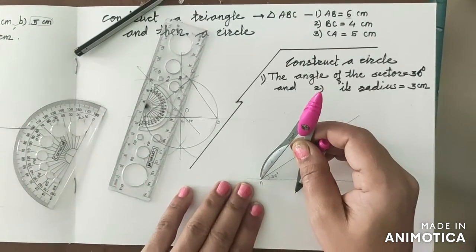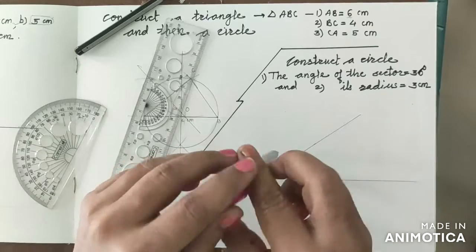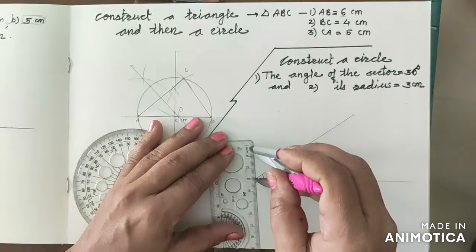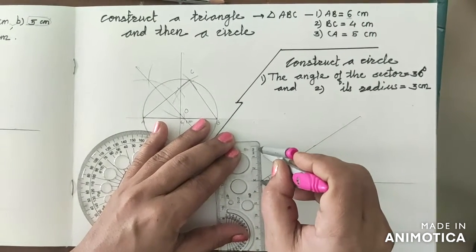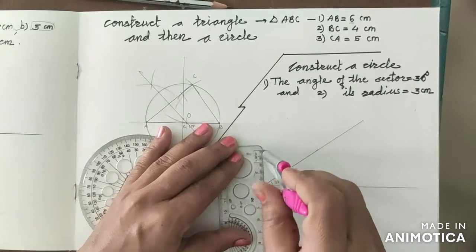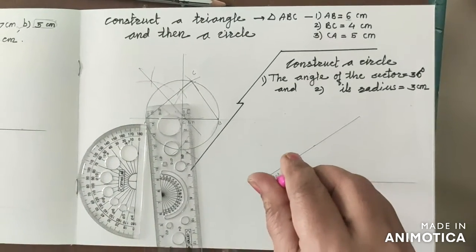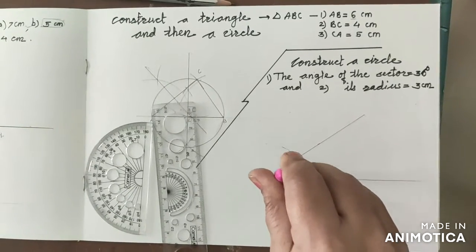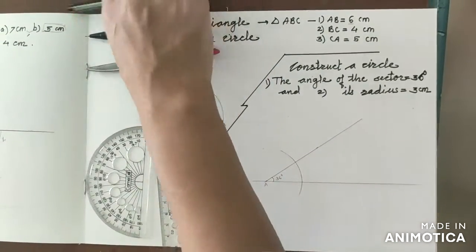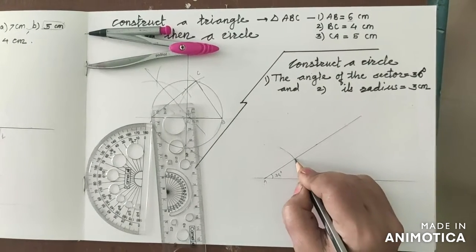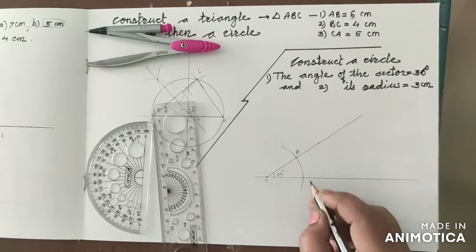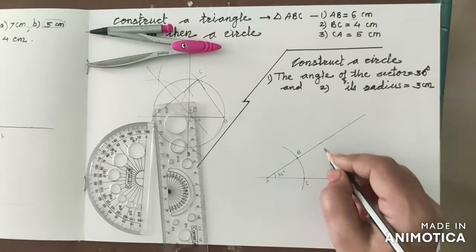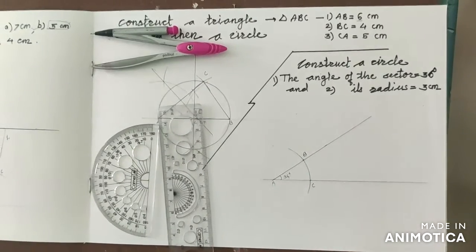Placing the pointer at A, check it out. Well, draw an arc like this. A, this one is B and this point is C, and this is our sector.